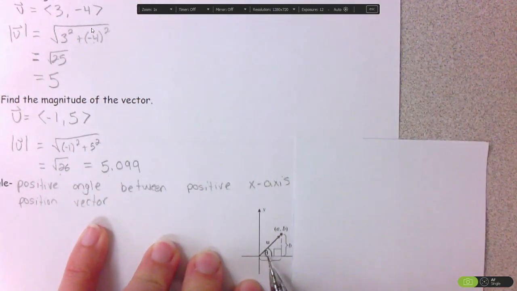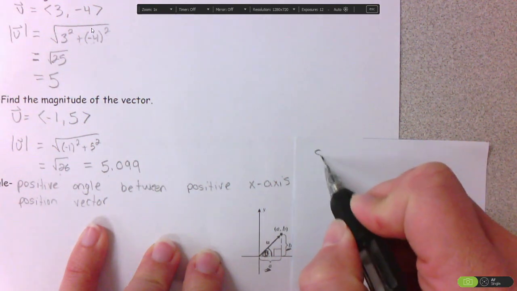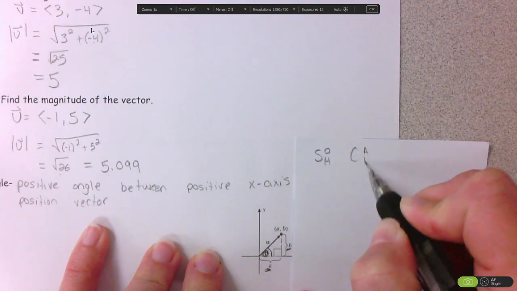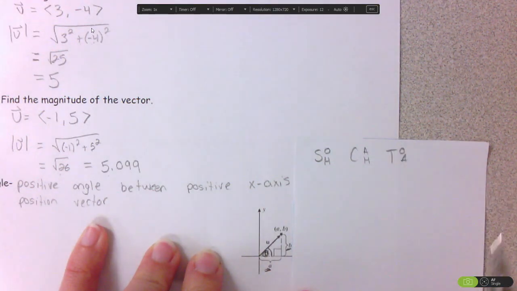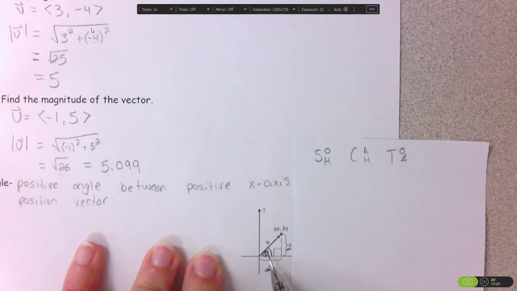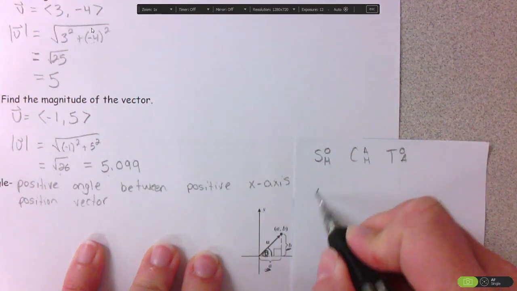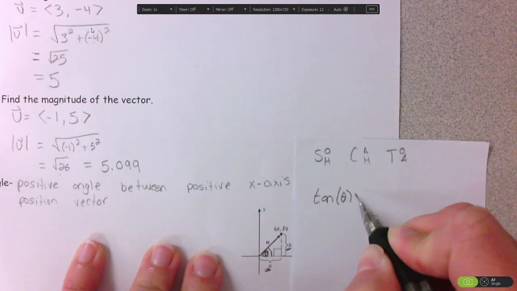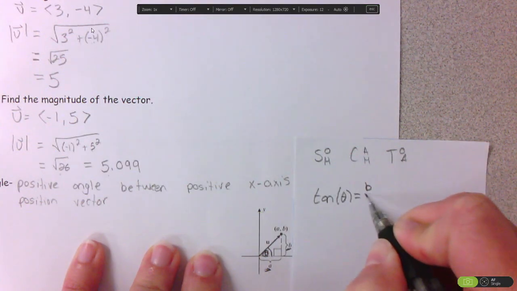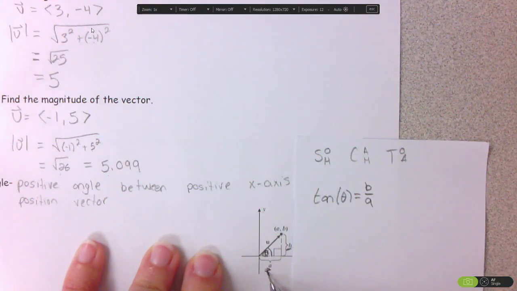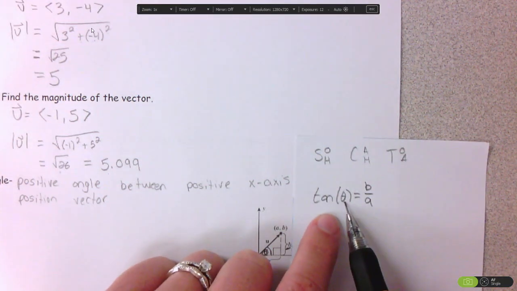So if this is my picture and this is the angle I want, when they give me the vector, they give me A and they give me B. So if we use SOHCAHTOA, how are the A and the B related to this angle? Which trig function do I use? Well, I'll use tangent. So tangent of theta is going to equal B over A. But if I'm solving for this angle, do you guys remember what we need to do to solve for an angle?